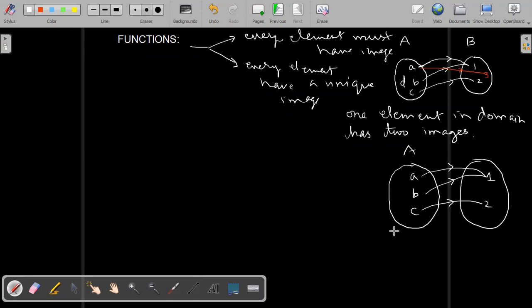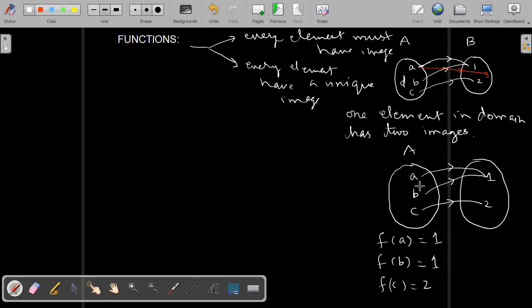So can you say that every element has a unique image? Mudassir, every element has a unique image? Yes, it is. Because the image of A is 1. The image of B is also 1. Unique image. The image of B is 1 only. It is not having two images. And the image of C is also only the unique image 2.